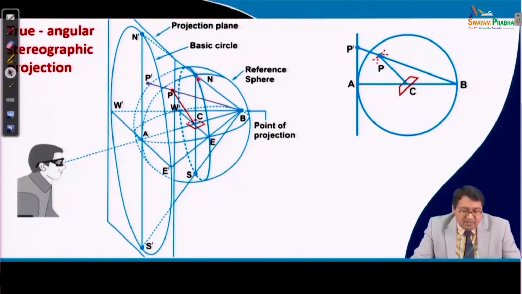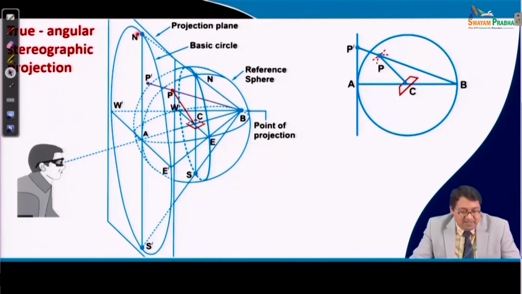Therefore, this whole great circle can be projected if it is torched from here, and each point of this great circle can be projected from this 3-dimensional sphere to a 2-dimensional circle like this.